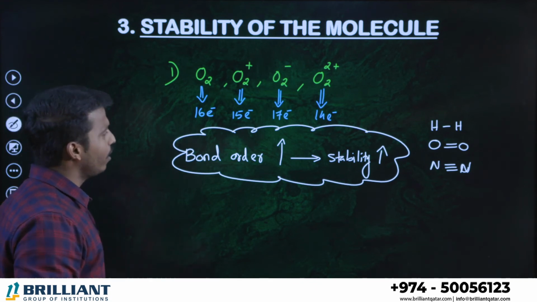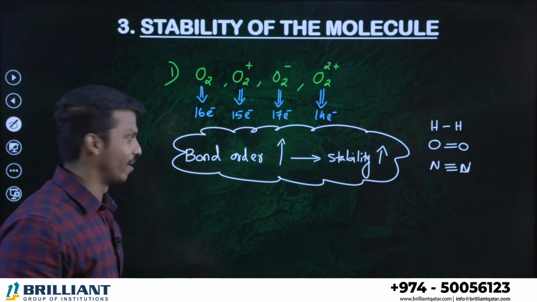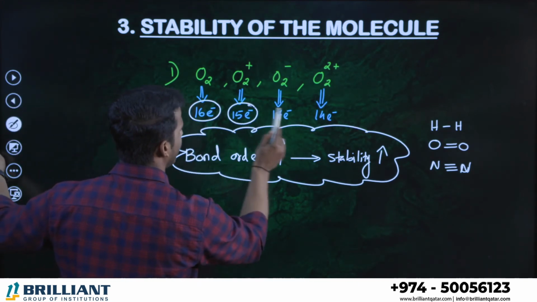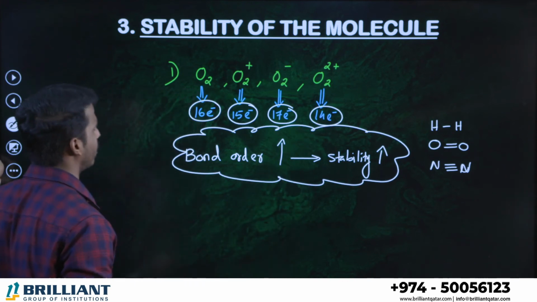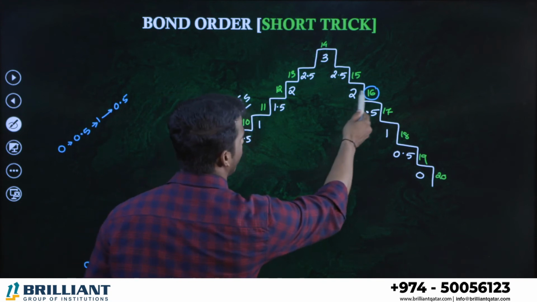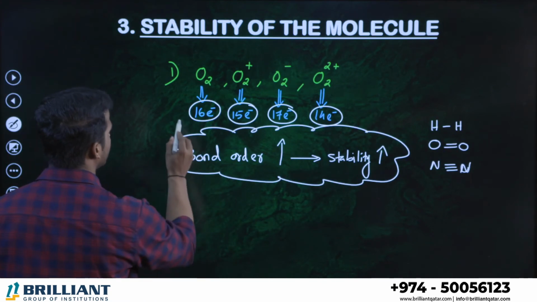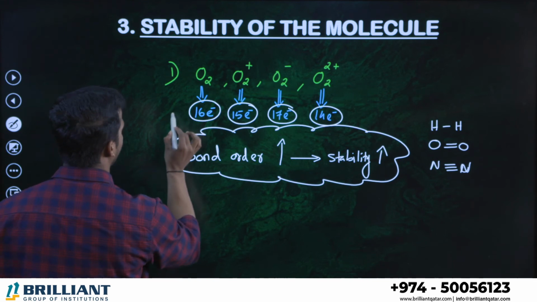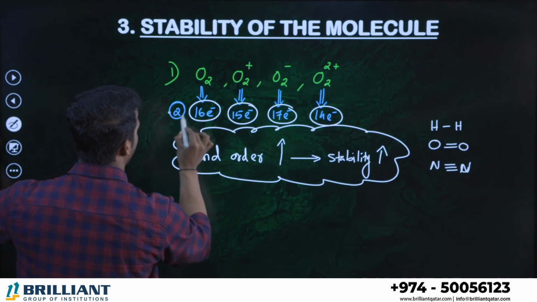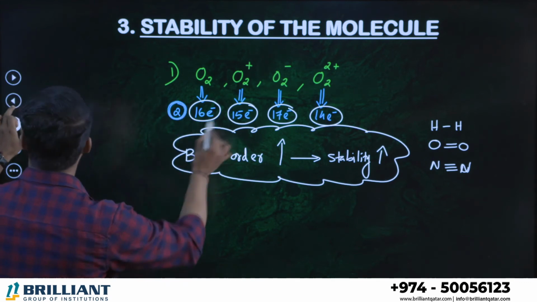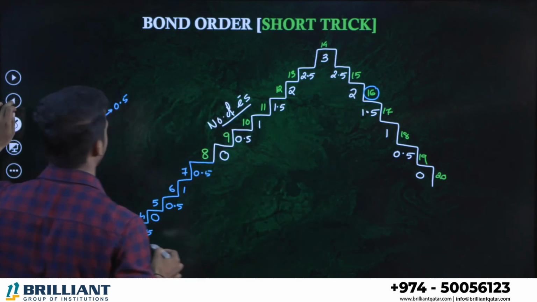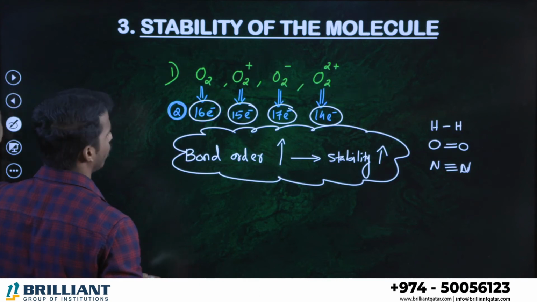Now you know how to calculate the bond order, right? Let us calculate it. For the 16 electron system, the bond order is 2. For the 15 electron system, the bond order is 2.5.